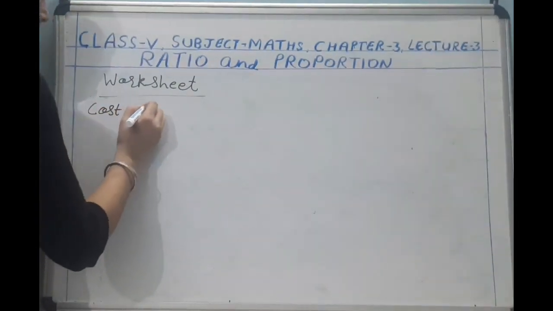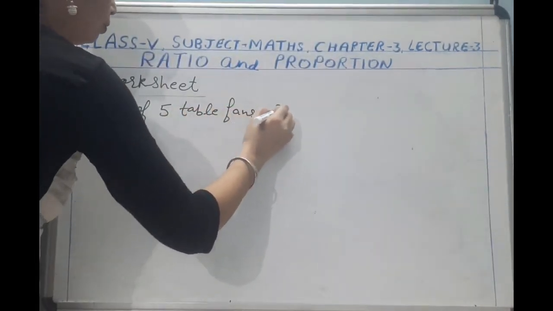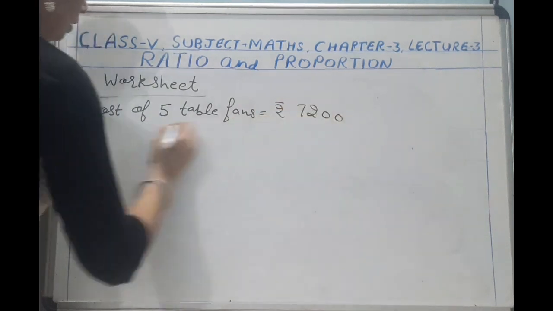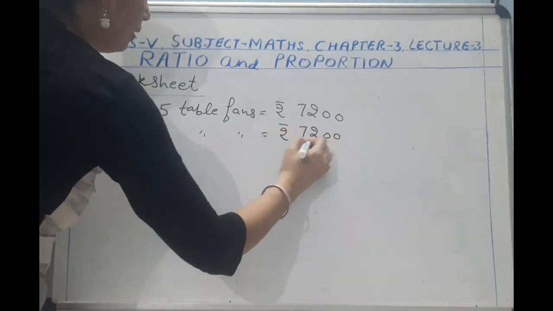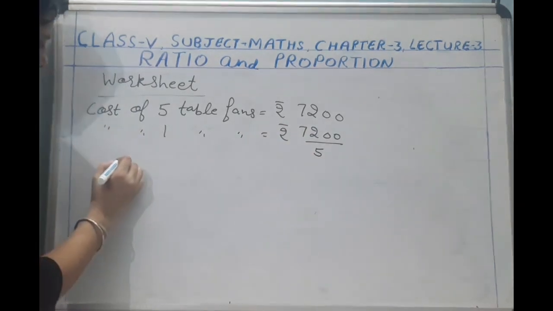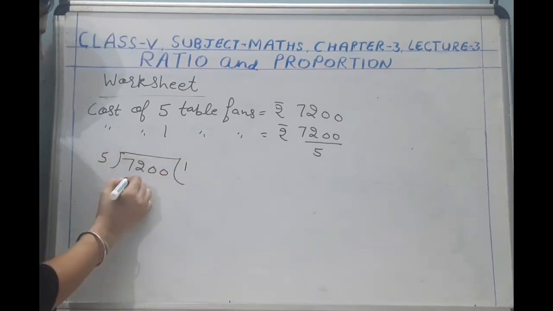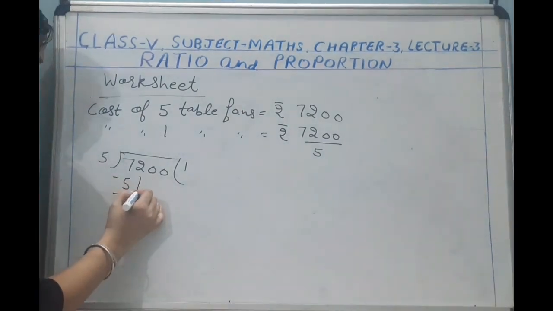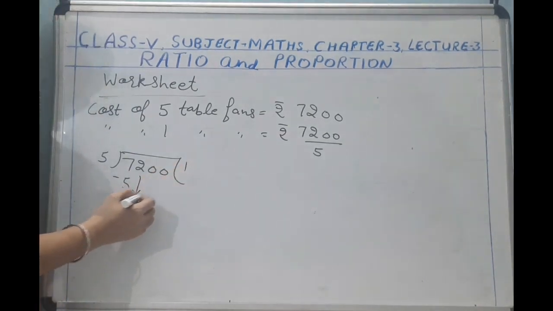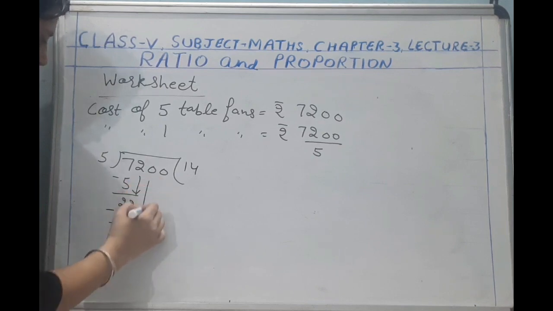Cost of 5 table fans is equal to ₹7,200 and cost of 1 table fan is ₹7,200 divided by 5. 5 ones are 5. 2 you will take. 5 fours are 20. 22 minus 20, 2 will be left.